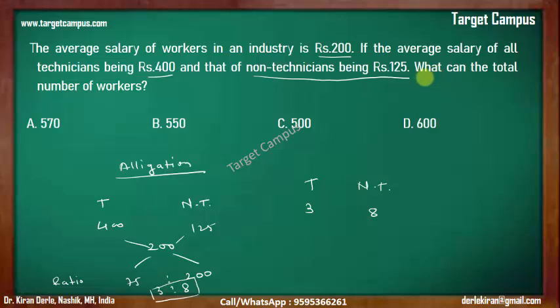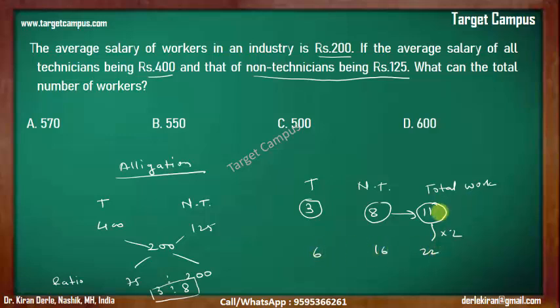What is asked of us? What can be the total number of workers? So if there are 11 total workers, technicians would be 3 and non-technicians would be 8. When there are 22 workers, this will be 6 and this will be 16. What does this mean?